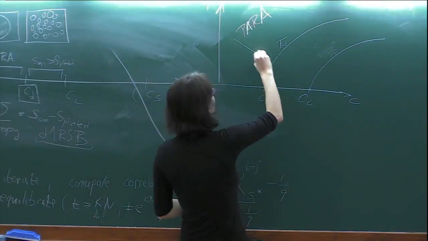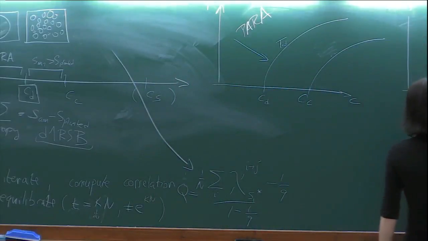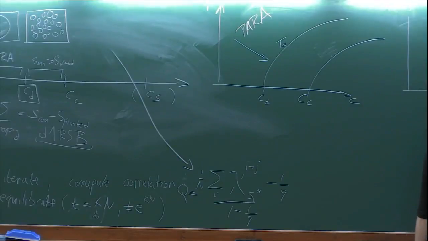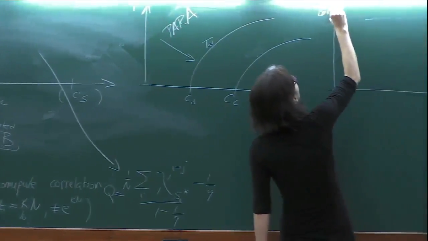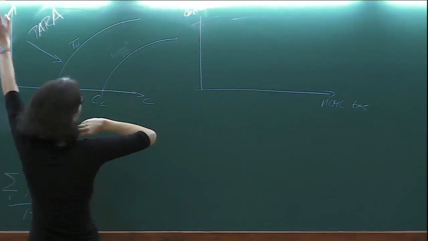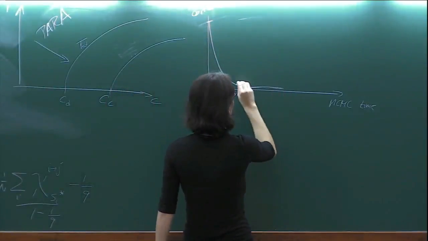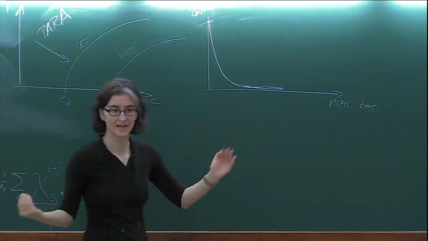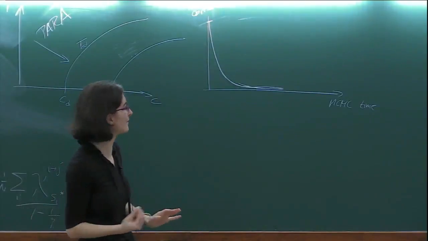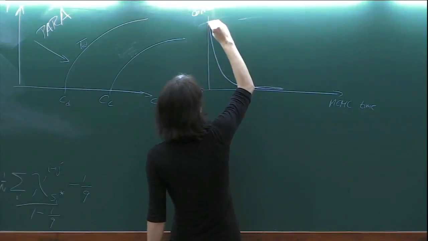As you approach this dynamical temperature, the correlation in MC time will look like this. At very high temperature, the correlation decreases really fast and then it is 0. Somewhere at high temperature, you equilibrate really fast. When you lower the temperature and go closer to the line, it becomes a bit slower.